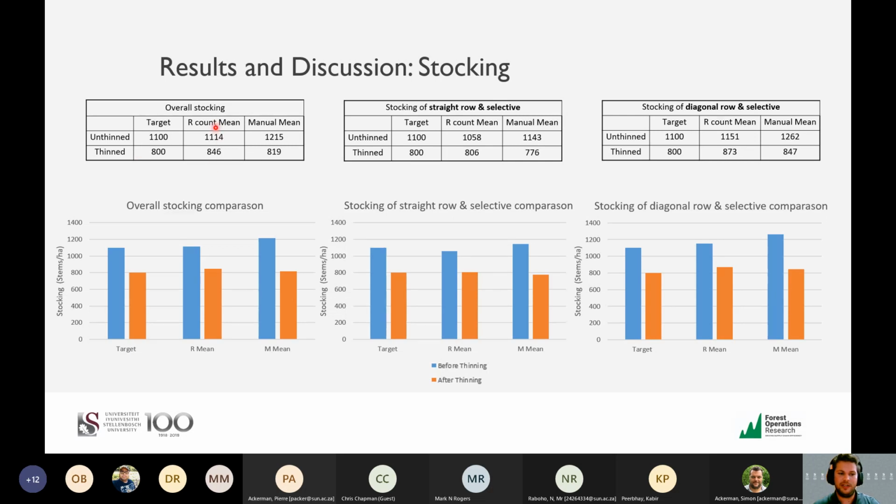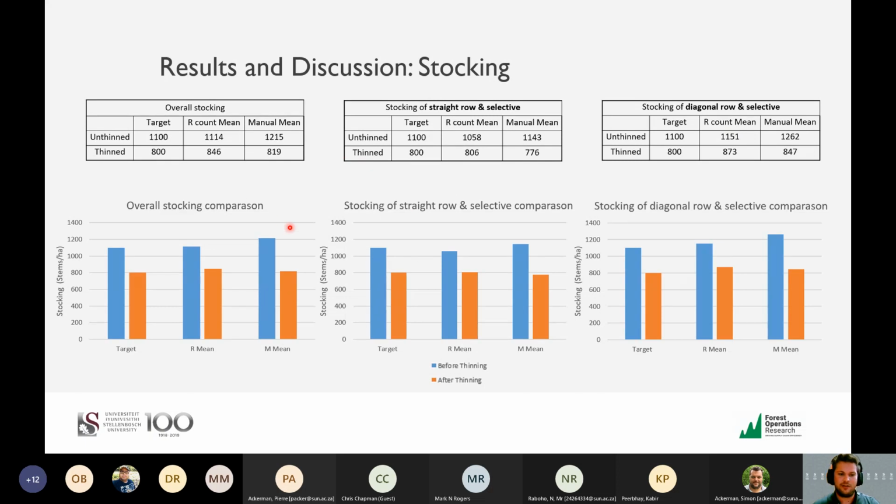Next, the R count mean is the stocking derived from the UAV data collected. And the manual mean is the stocking derived from the manual in-field sampling that was done. As seen, the overall stocking is an average of both treatment methods in this study.